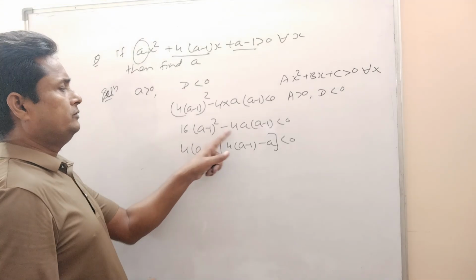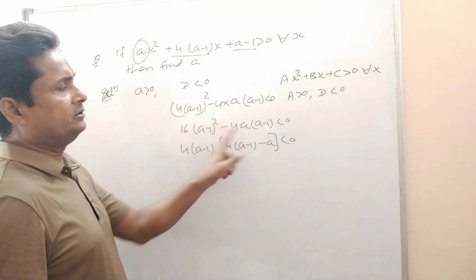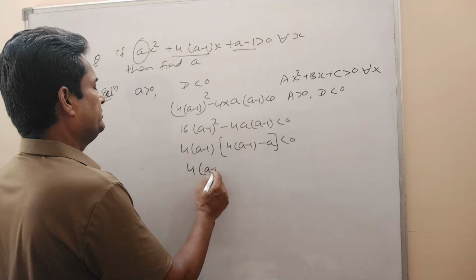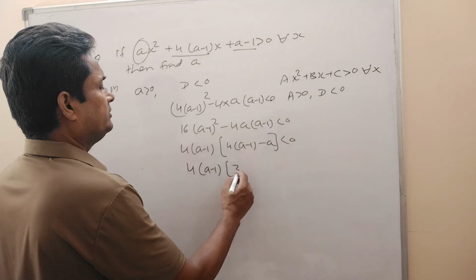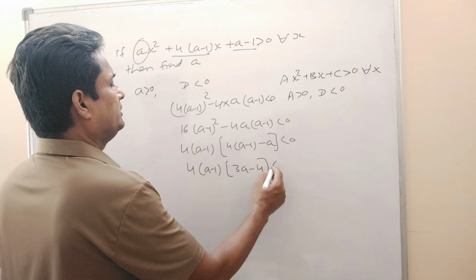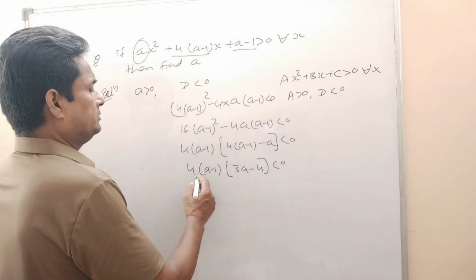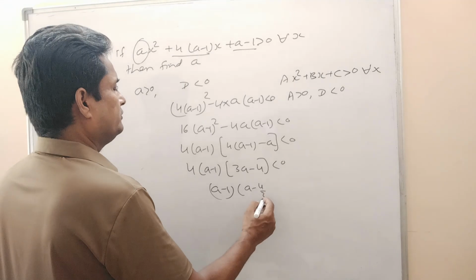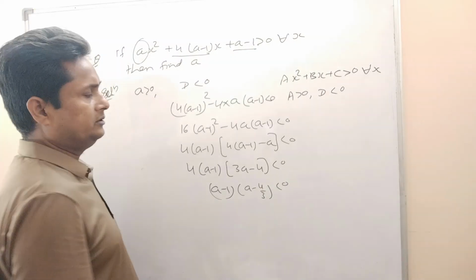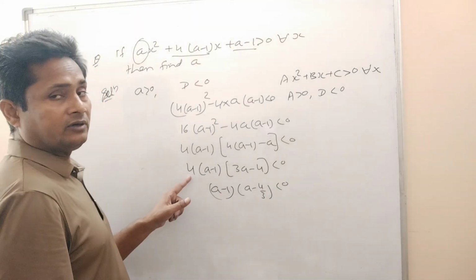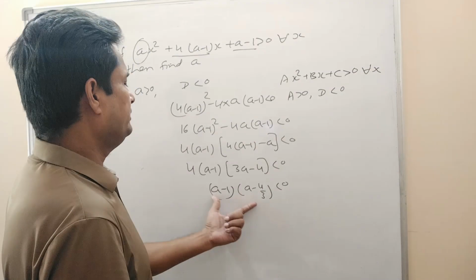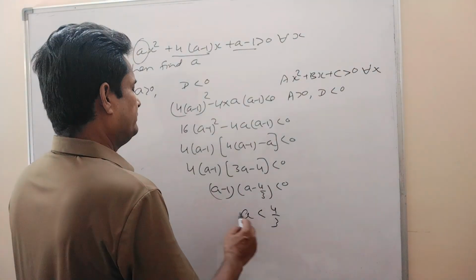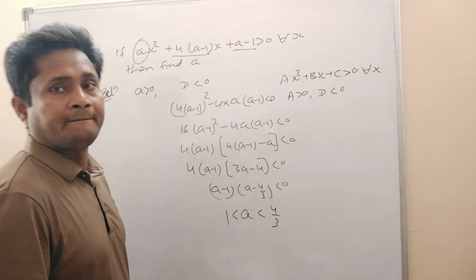So this is 4 times (a minus 1) into (3a minus 4) less than 0. This can be written as (a minus 1) into (a minus 4 by 3) less than 0. Take 3 common, it will be 12. Divide by 12. So the answer will be 1 to 4 by 3.